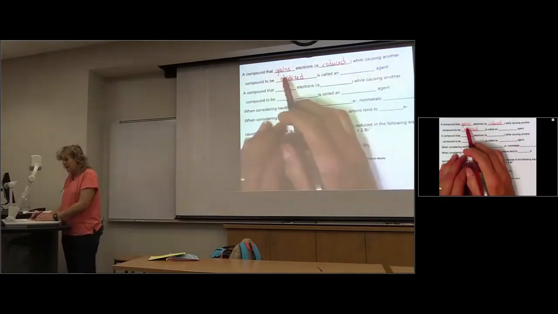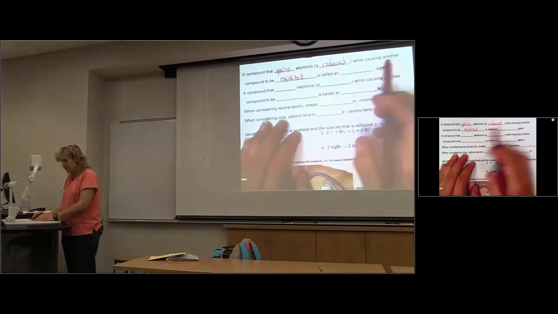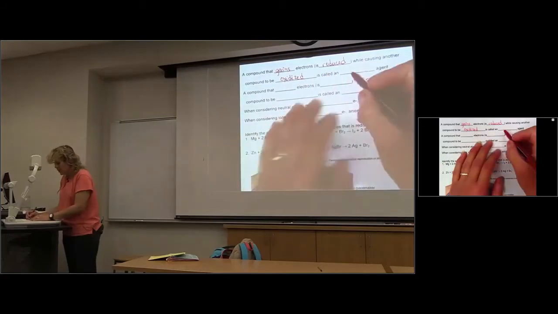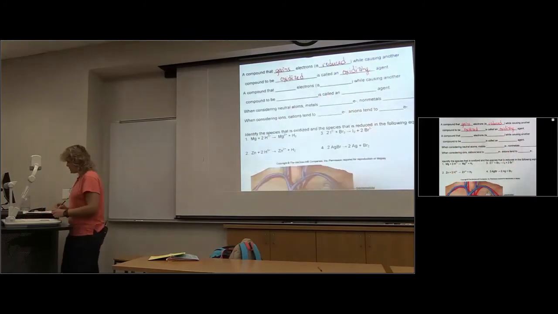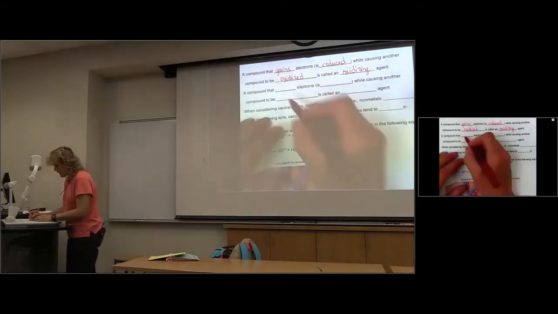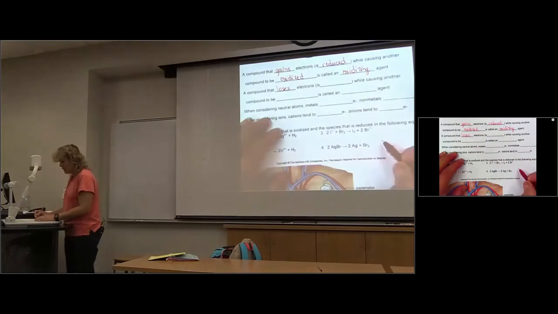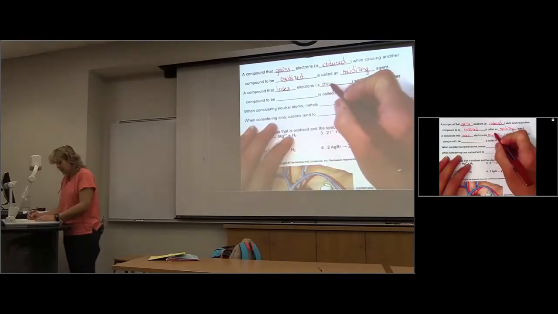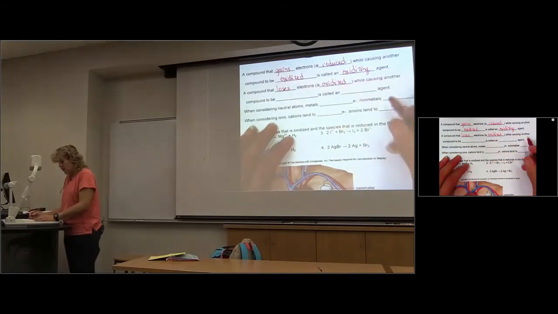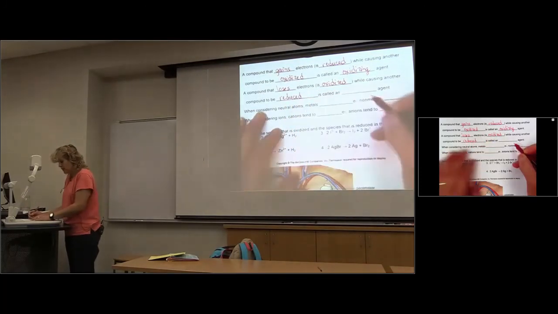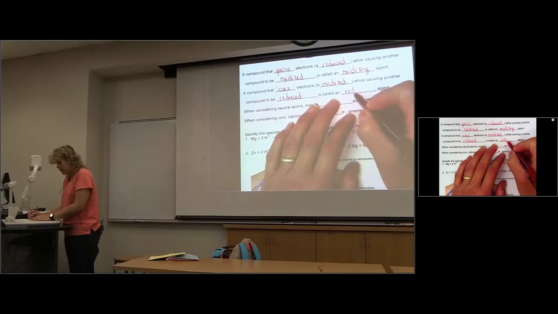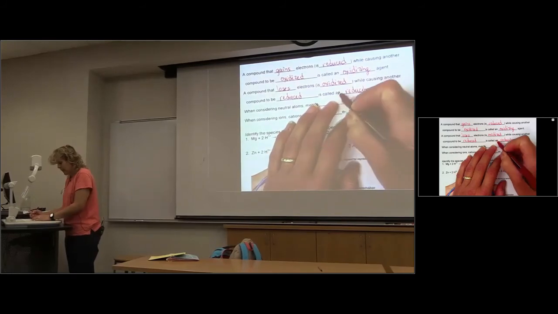So the compound that gains electrons while causing another compound to be oxidized is called the oxidizing agent. A compound that loses electrons is oxidized, while causing another compound to be reduced, and is called a reducing agent.